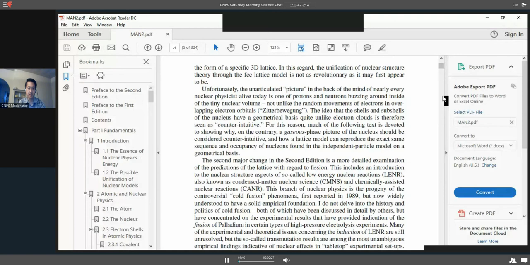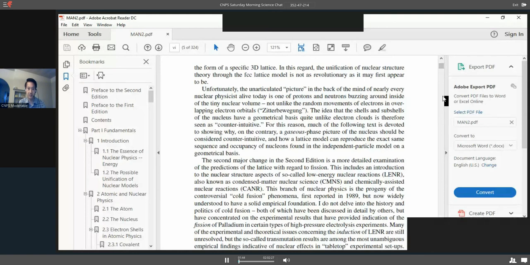Some of the key things he has in his book, for example, it says the idea that shells and subcells of the nucleus have a geometrical basis, quite unlike electron clouds, is therefore seen as counterintuitive.